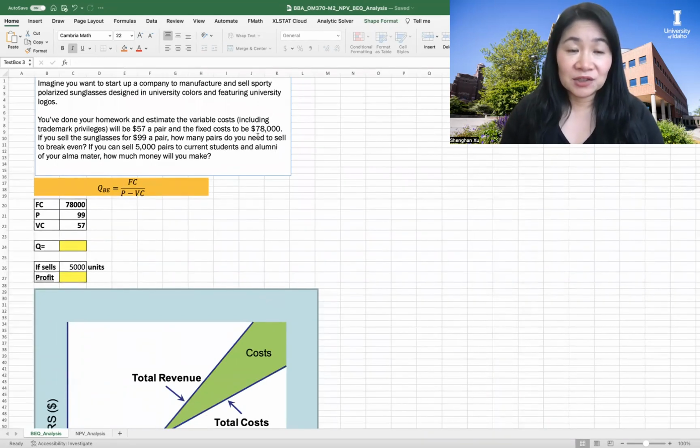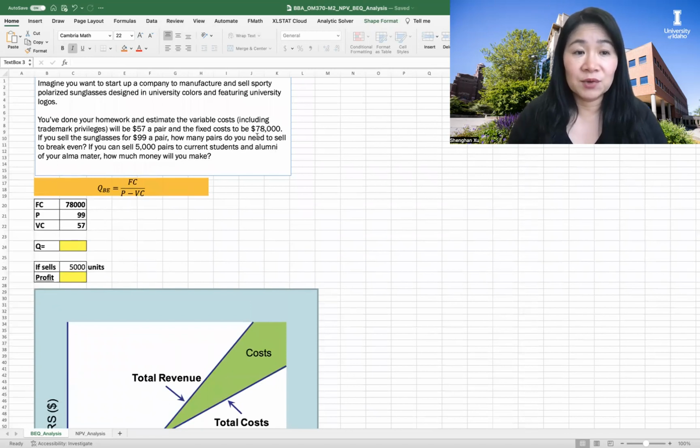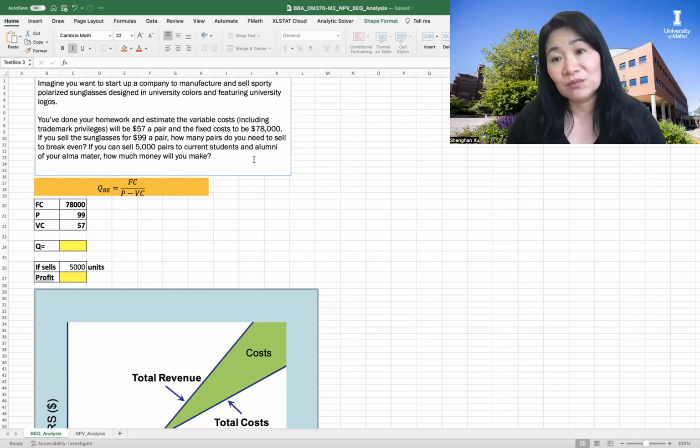You've done the homework and estimated the variable cost, including trademark privilege, will be $57 a pair, and the fixed cost is $78,000. If you sell the sunglasses for $99 a pair, how many pairs do you need to sell to break even? And if you can sell 5,000 pairs to current students and alumni of your alma mater, how much money do you make?